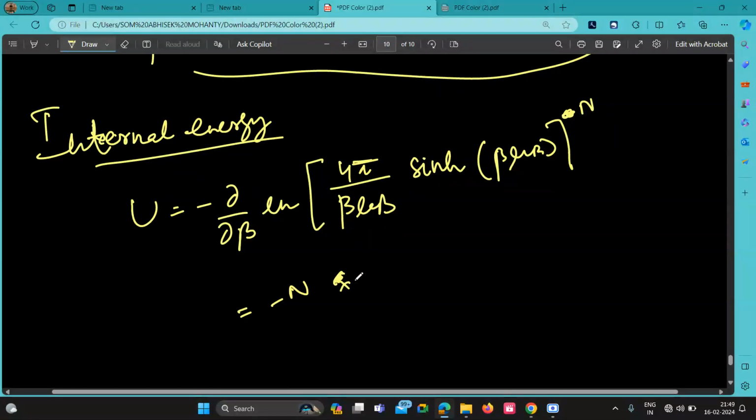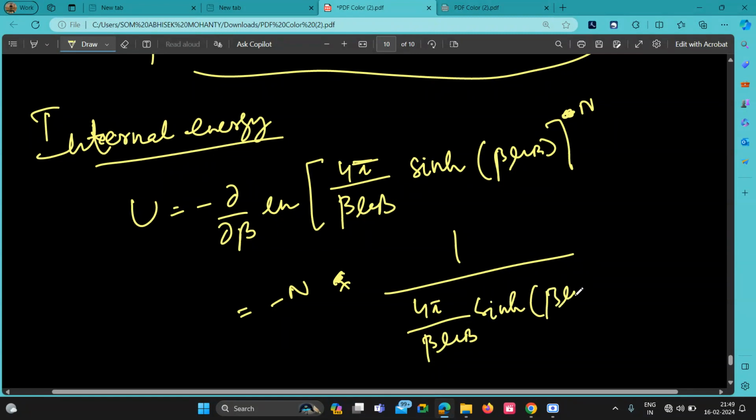So 1 by 4 pi beta mu b sine hyperbolic beta mu b, and the derivative of the whole one. Derivative of this one.